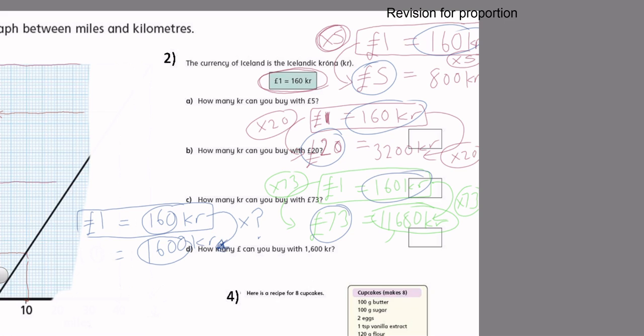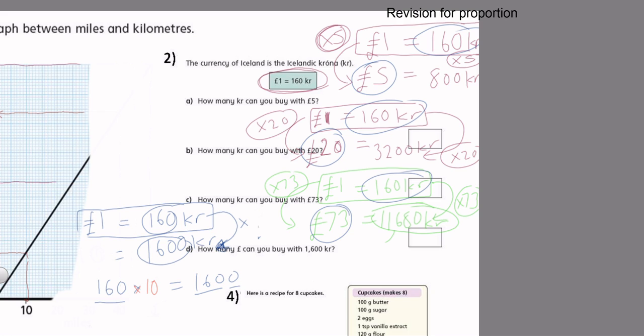Well, notice you've got 160 here, and 160 here with an extra 0. So really what we've done is times by 10. Check: 160 times 10 is 1,600.